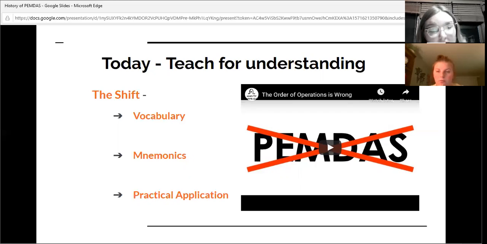We used mnemonic devices back when I was in school, and I think Casey talked about that too, how you used Please Excuse My Dear Aunt Sally. But we are shifting away from using the mnemonic devices and more towards understanding the actual problem itself and why we use the order of operations and things like that.